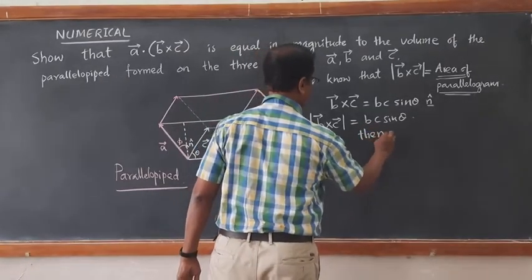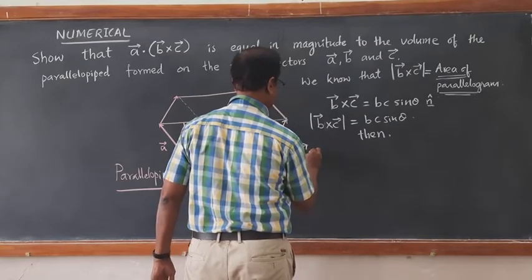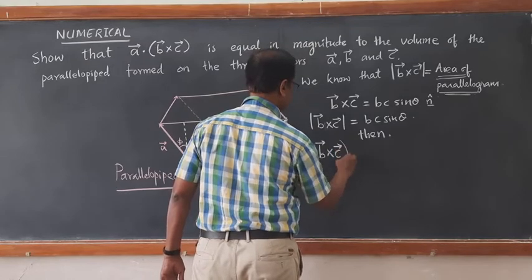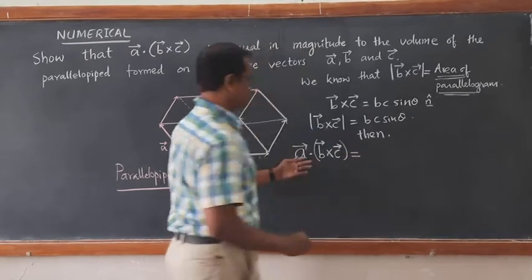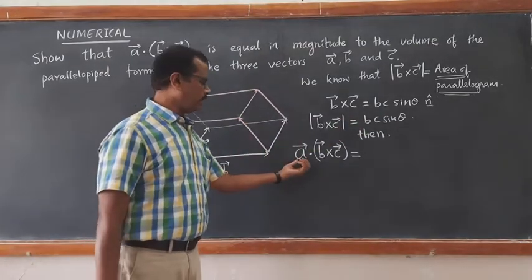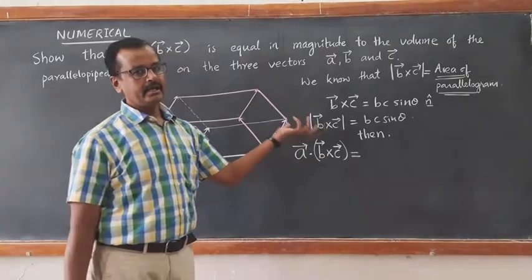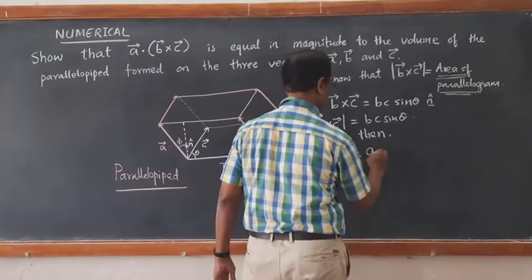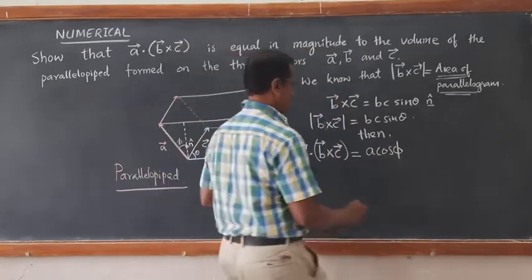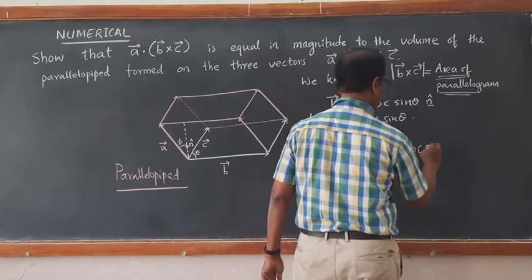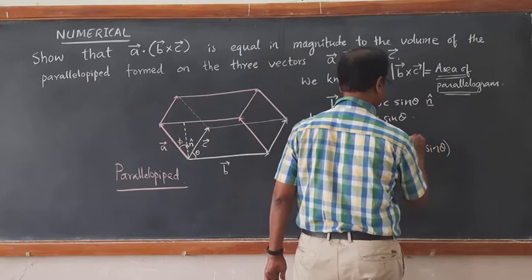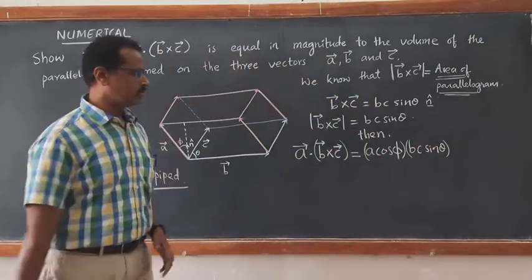Vector A dot B cross C gives us, by definition, B cross C is BC sin theta, and A dot this gives us A cos phi. So it is A cos phi into BC sin theta. This is the product. Now what is A cos phi?